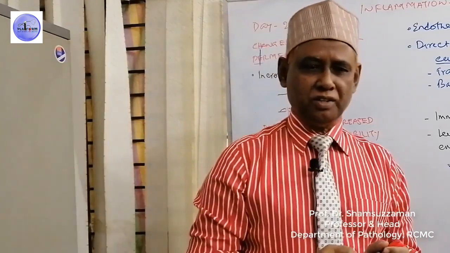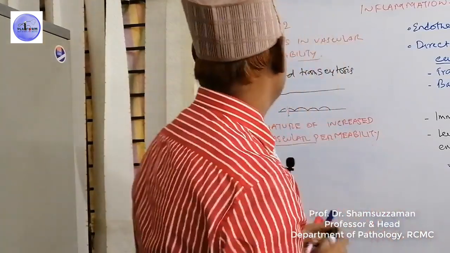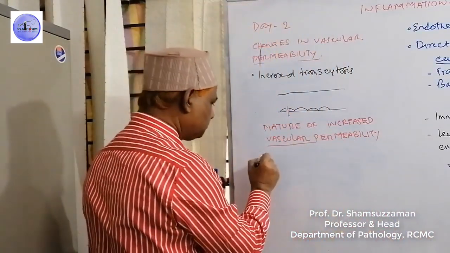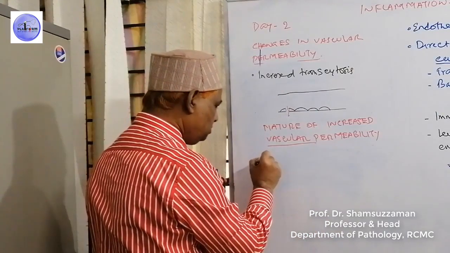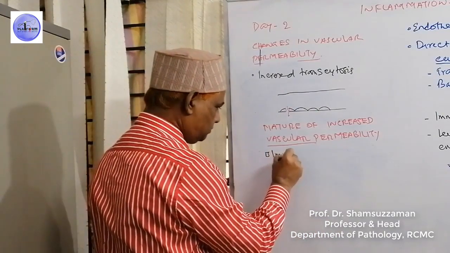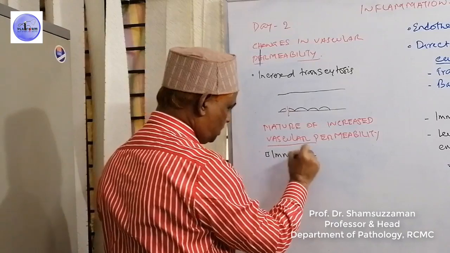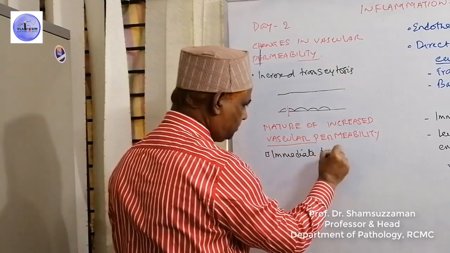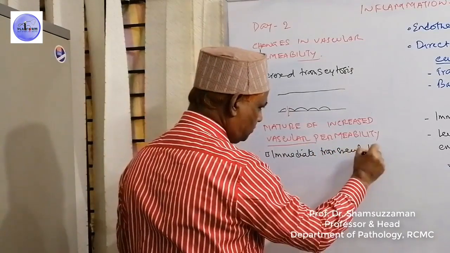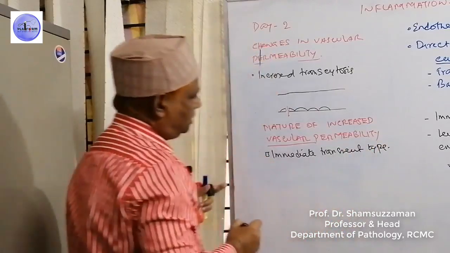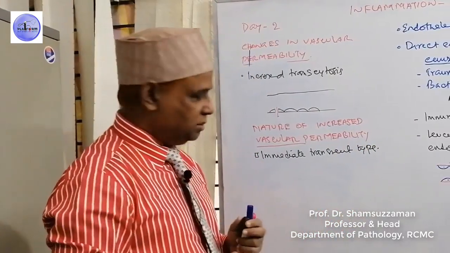There are three natures of increased vascular permeability. Number one, immediate transient type. What does it mean?